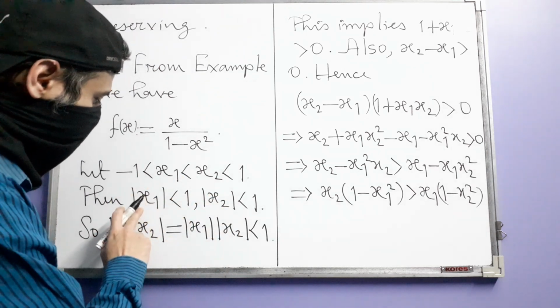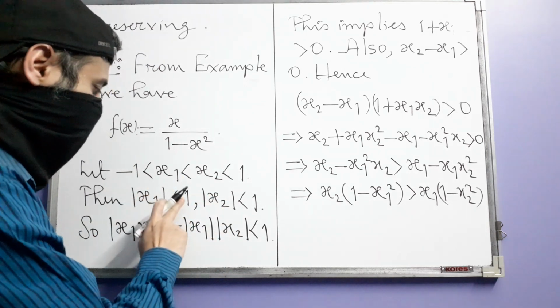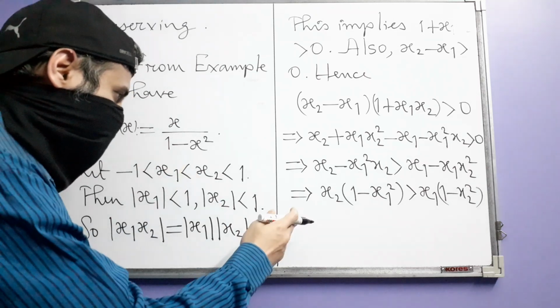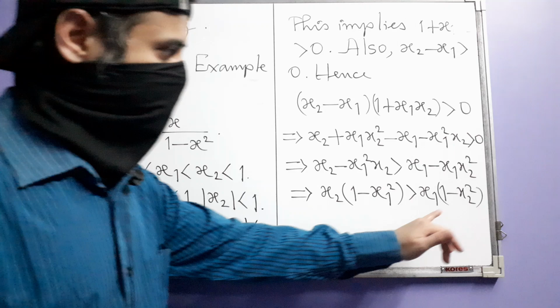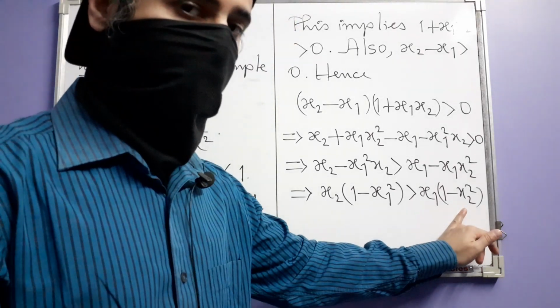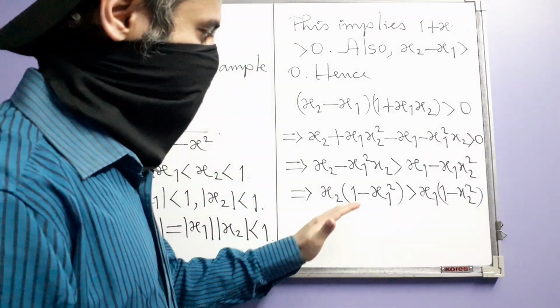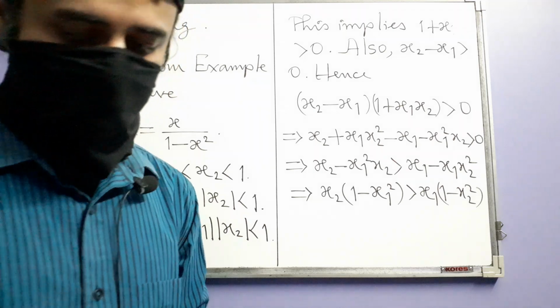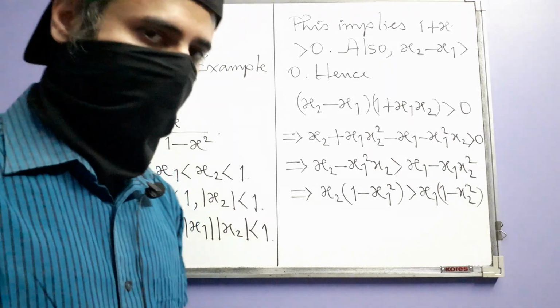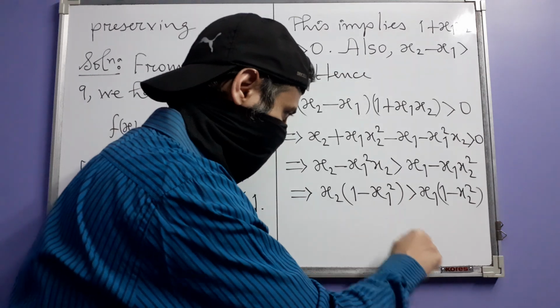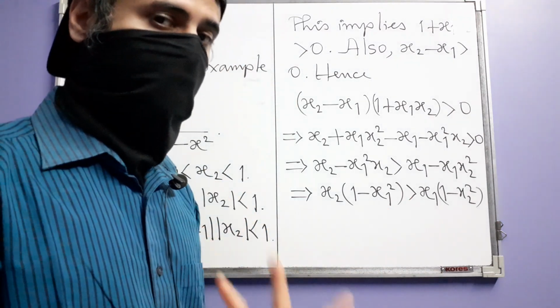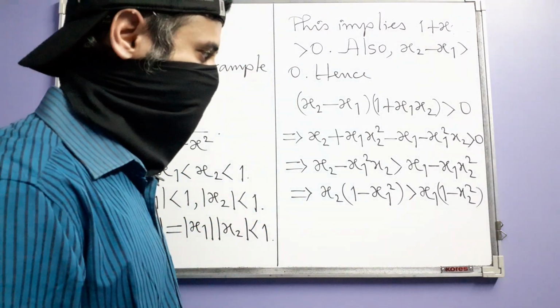So you get the inequality that x1 square is less than 1. So 1 minus x1 square is greater than 0. Similarly, 1 minus x2 square is also greater than 0. Because of this positive nature of these things, when we divide, which we can because they are non-zero, the inequality will not get reversed because we are dividing by positive real numbers.